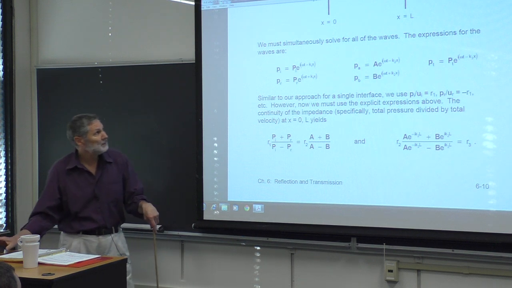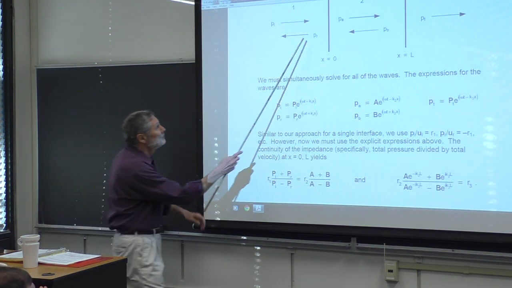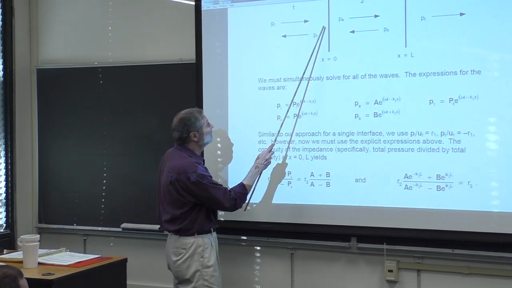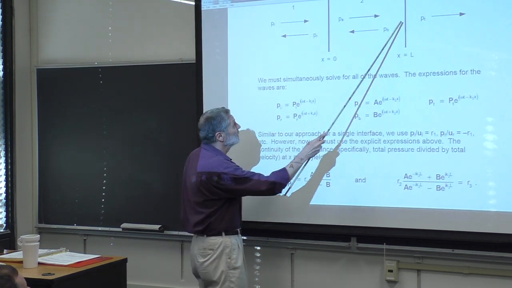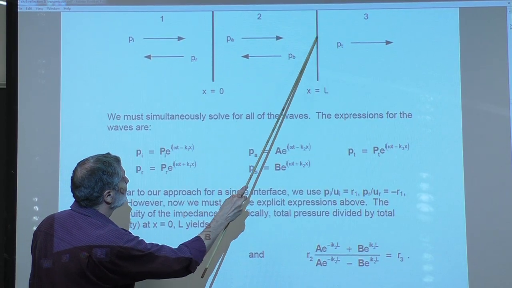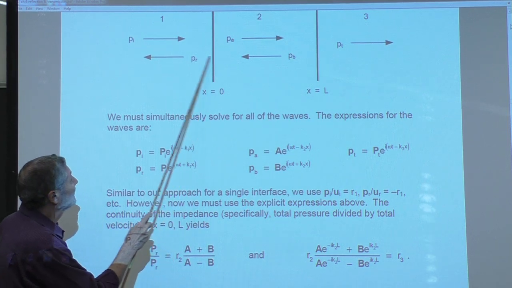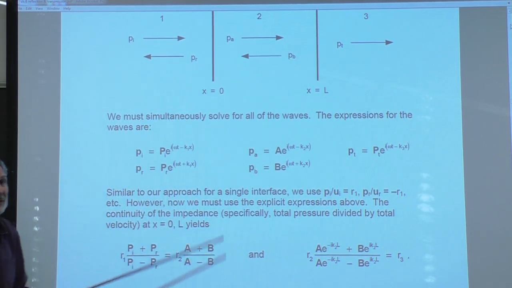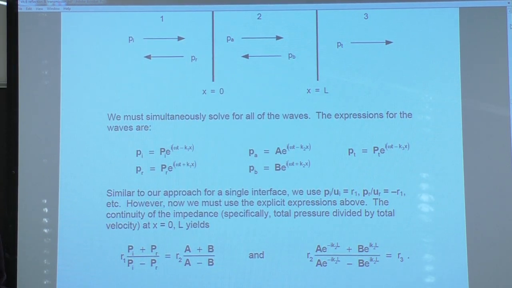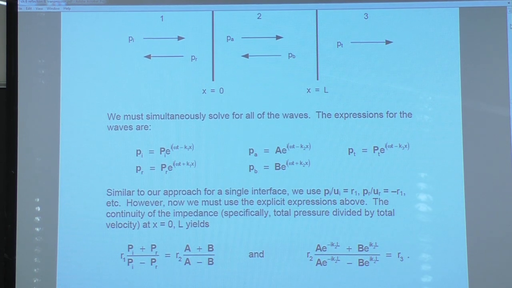The pressure wave coming off here is going to be influenced not just by what's going on here, but what's going on here. This wave comes here, some of it bounces off, comes back here, some of it gets transmitted. It's going to change the phase of this reflected wave. So that's why it's complex now.